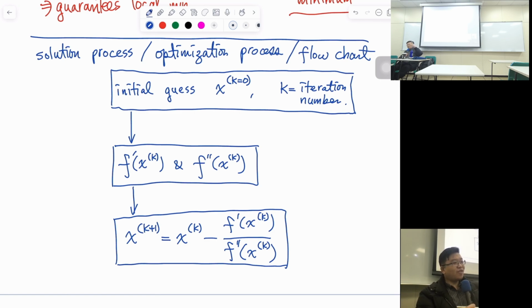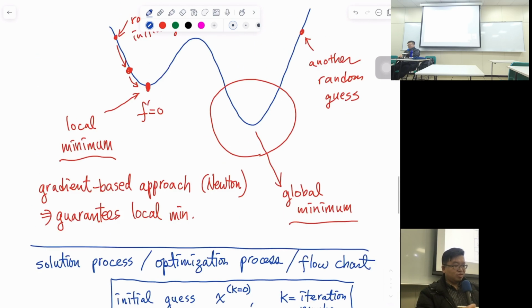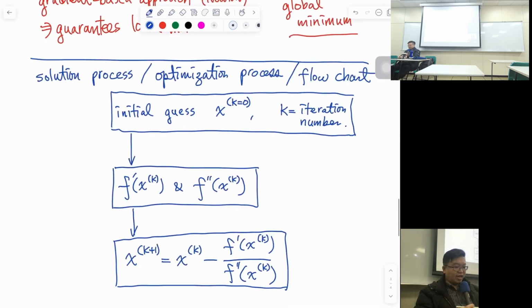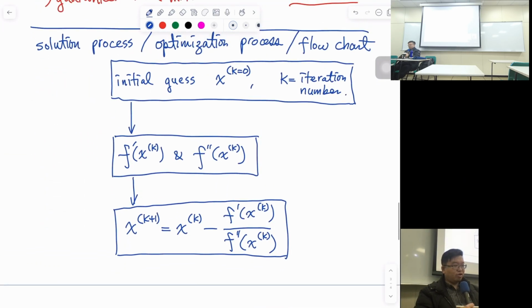So that's how this approach works, right? You start with an initial guess, you make a second order Taylor expansion, use Newton's equation to give you the extreme point, basically the lowest point. And then we will move on to the next iteration.